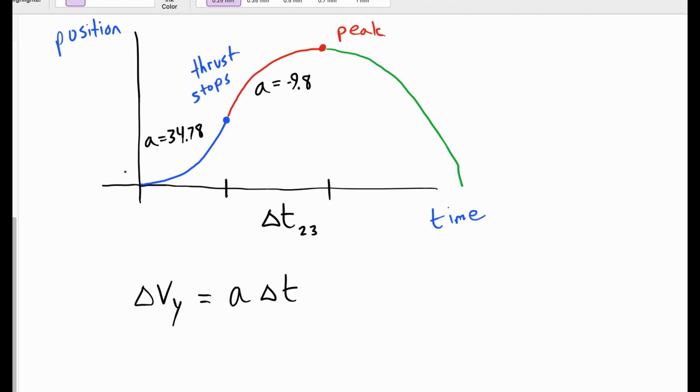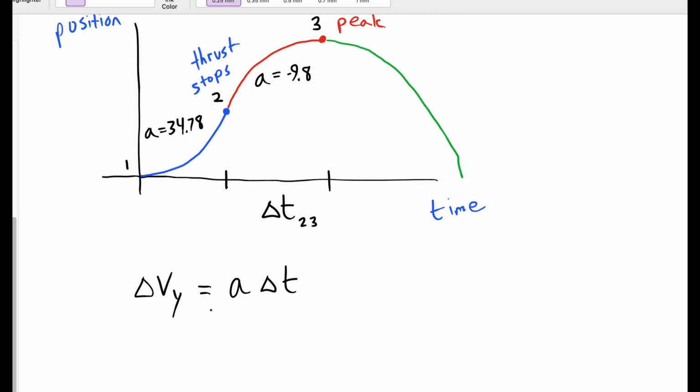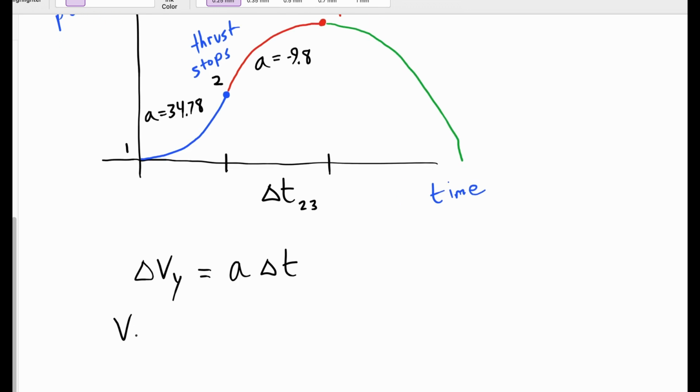This is, of course, point 1, point 2, point 3. That's what we're trying to find, how long does it take? We know the delta v, though, that's going to happen. It's going to be a v final minus a v initial.